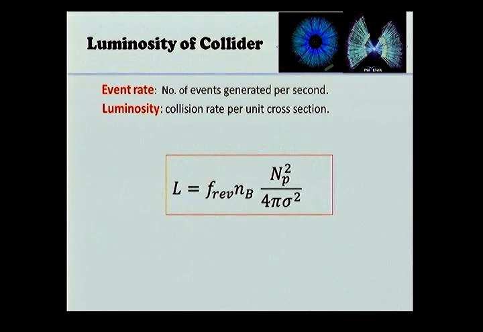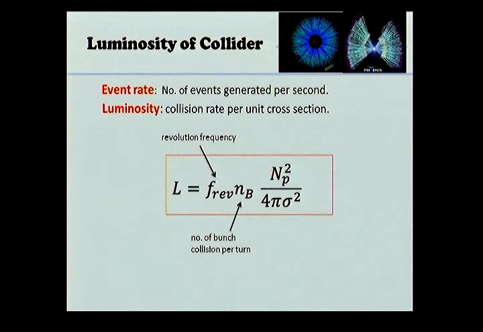Here I will go through the luminosity equation with you. Luminosity is represented here by L. Luminosity is proportional to the revolution frequency. The revolution frequency is how many turns one particle goes around the ring, the collider. For RHIC, the particles go 78,000 turns in 1 second.